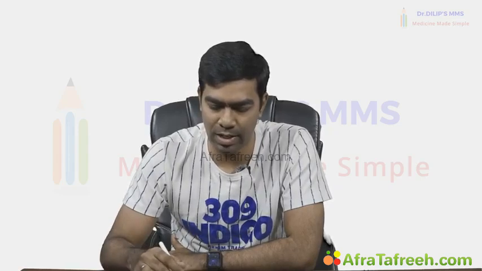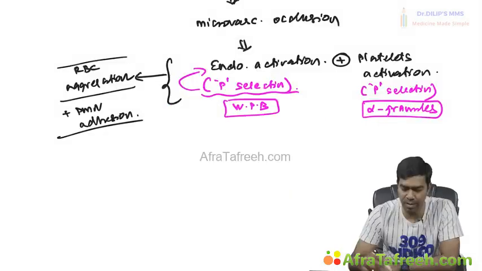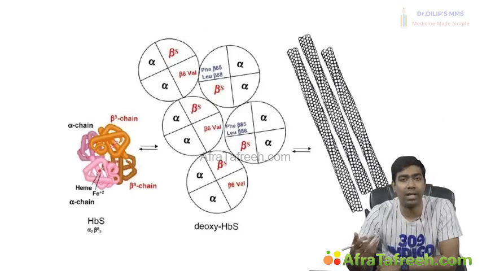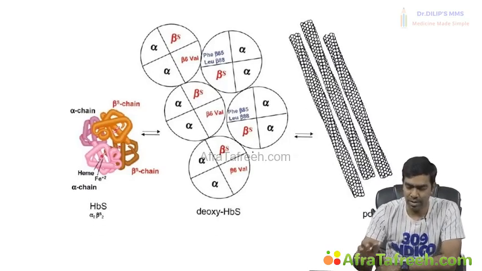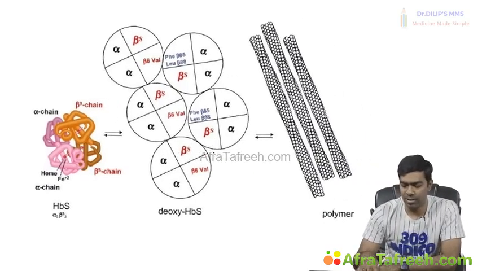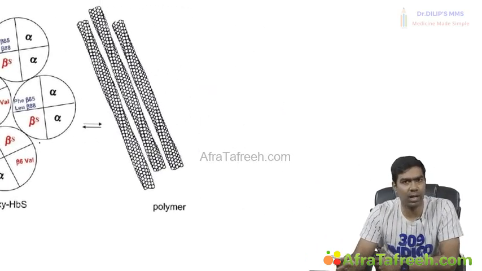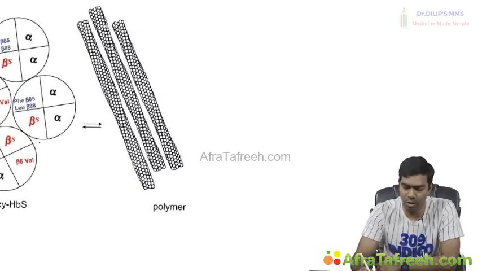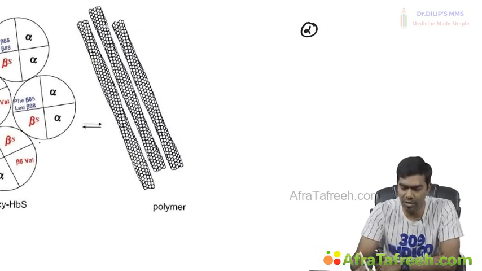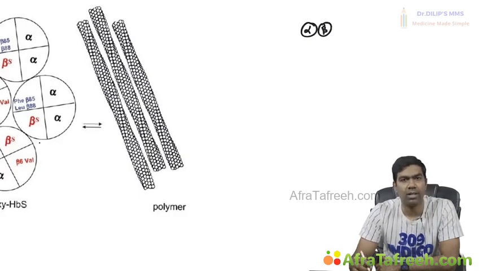For that we can see this particular image. This is something that happens within the RBC and among the beta globin chains. Normally what happens is, let me draw you a separate one, then come back to this. If you ask me what happens in the hemoglobin chain, you have an alpha and a beta chain, and you have two alpha and two beta chains, everyone knows that.